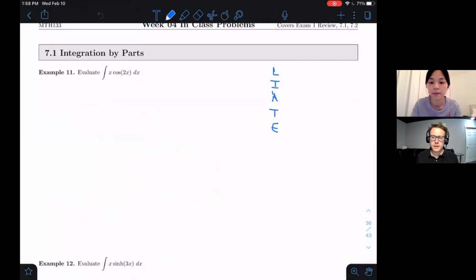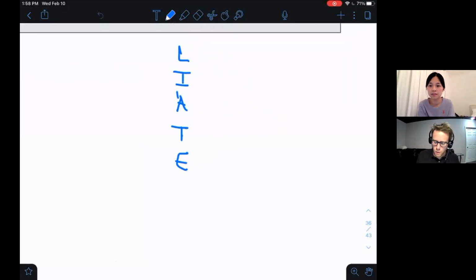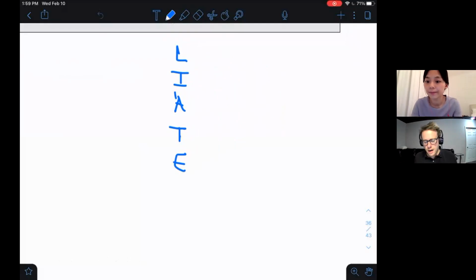I'd like to tell you a little bit about a good rule of thumb, if you Google how to do integration by parts. I didn't know about this when I was taking calculus. No one ever told me about this, but I think it's quite nice: there's a good order of operations that works 90% plus of the time. It's called LIATE. I don't know exactly how you pronounce it.